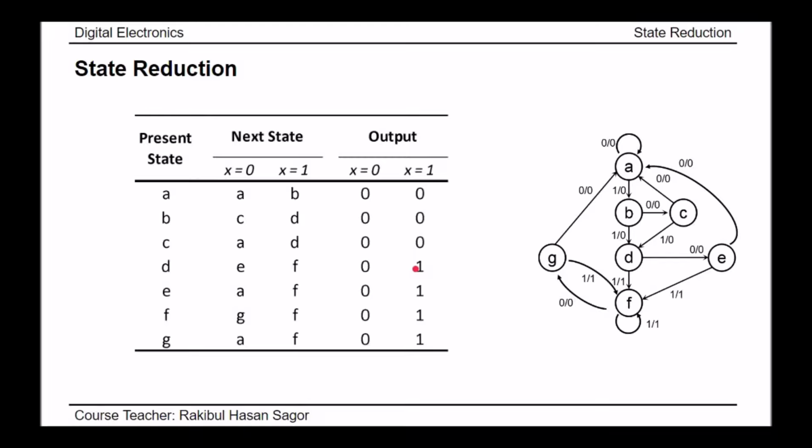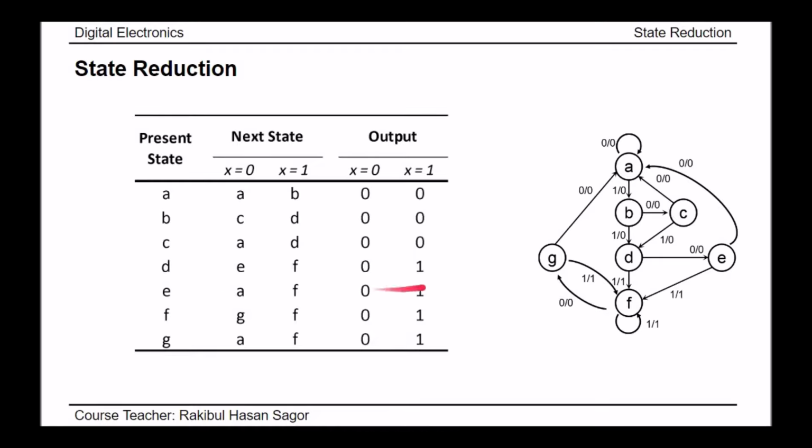For example, here we can see E has next state A and F for x equal to 0 and x equal to 1, and output 0 and 1 for x equal to 0 and x equal to 1. Again, G has the same thing, the same next state A and F for x equal to 0 and x equal to 1, and output 0 and 1 for x equal to 0 and x equal to 1.